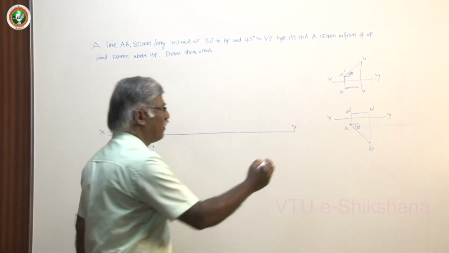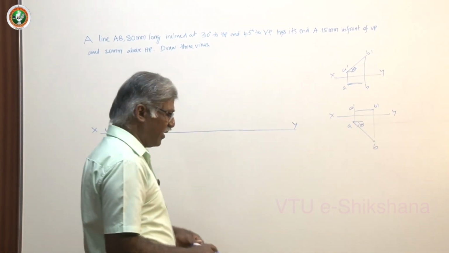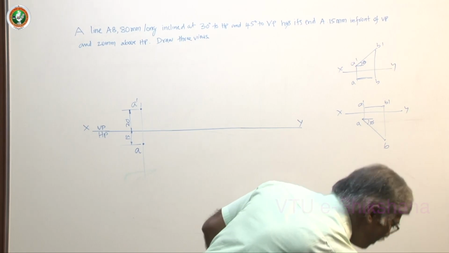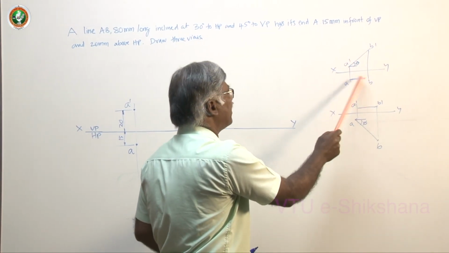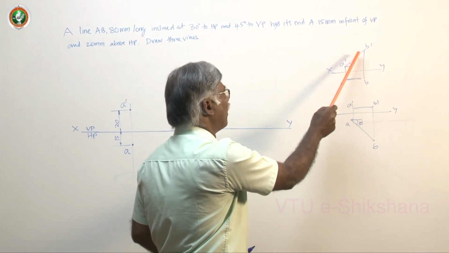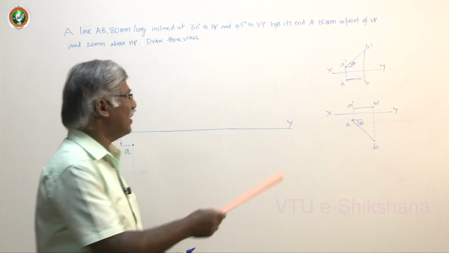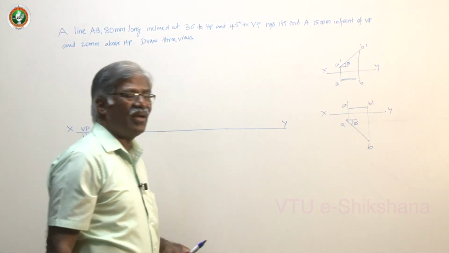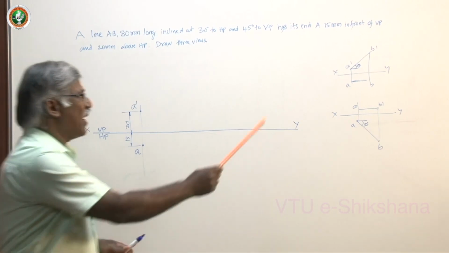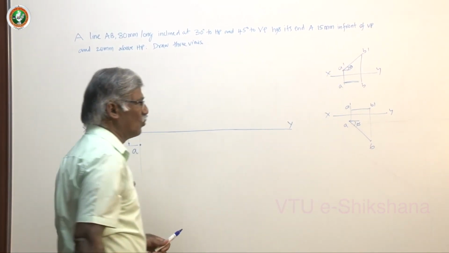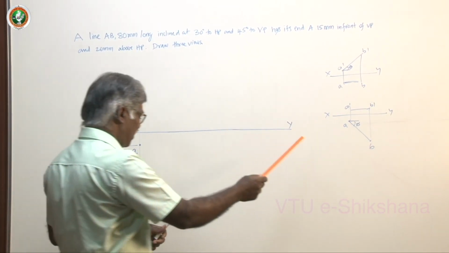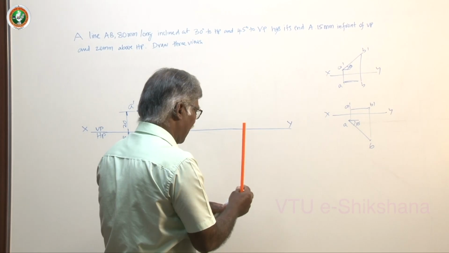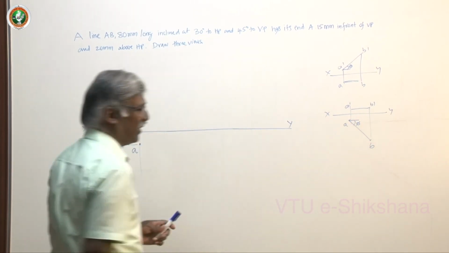Just observe here, whenever a line is parallel to HP, that is, parallel to the XY line, the projection opposite to it is the true length. The other way around, whenever a line is inclined to HP, the corresponding apparent length you get. If it is parallel, this one is always the true length. Here also the projection is parallel to the XY line, so definitely this one is the true length.